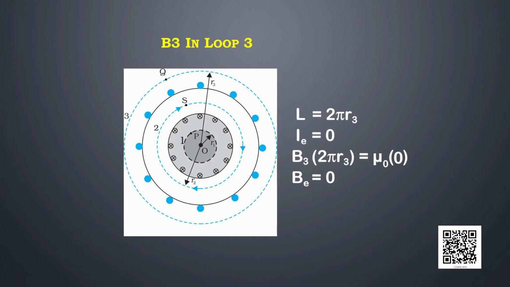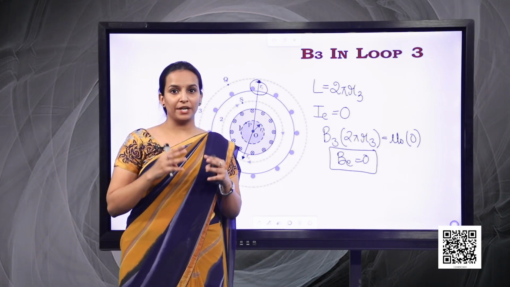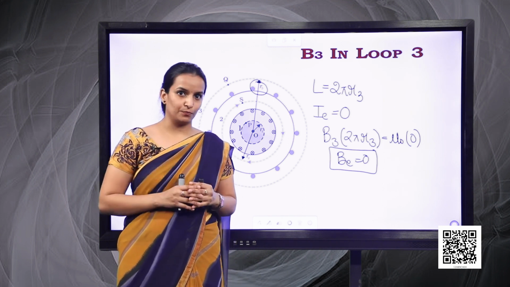That is why the net enclosed current will be 0. It means B3 times 2 pi r3 equals mu naught Ie, which is 0. It means B3 is also 0. Thus, we can say that the magnetic field at any point Q in the outside space will be 0.